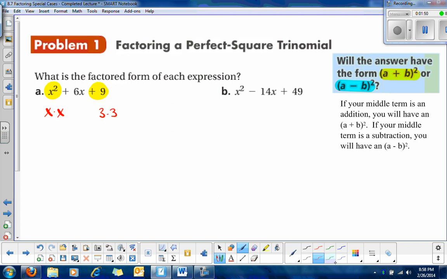Then we need to check, do we get that middle term from multiplying twice one of the factors of the first term and one of the factors of the second term? So here, 2 times 3 is 6, times x is 6x. So yes, this is a perfect square trinomial.